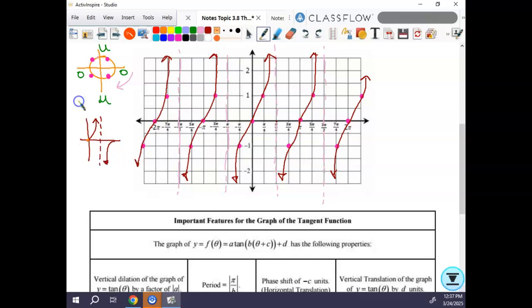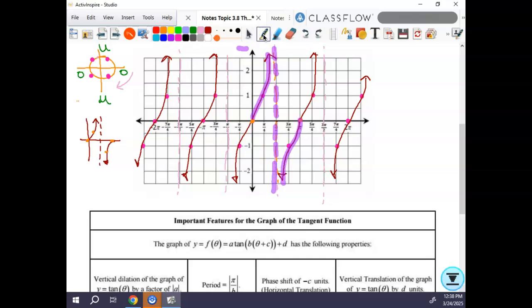I know that these right here are on the x-axis as a parent function. Halfway between the 2, I've got this, and then halfway between the 2, I have this asymptote. And then halfway between these 2, I go up to 1. Halfway between these 2, I go down to negative 1. So this part here is like your parent function, okay?